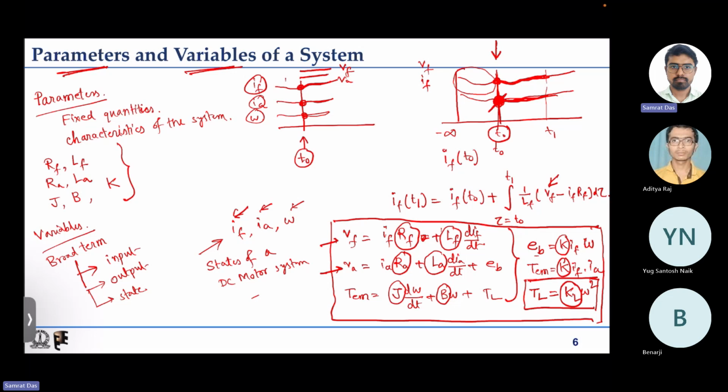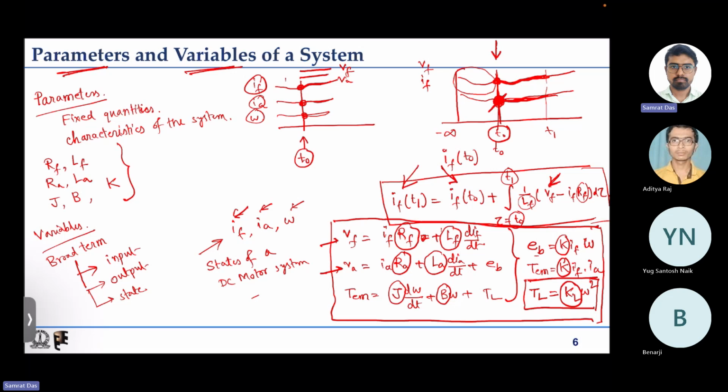Just like in this field current equation, if you know the present state, that is the current at t equal to 0, if you know the parameters, the inductance L_f and resistance, and if you know the future inputs, that is V_f, how it varies from T0 to T1, then you will be able to calculate how the future state will vary.